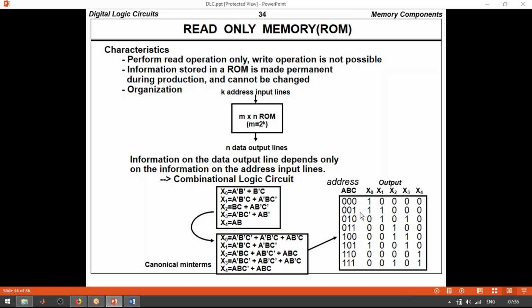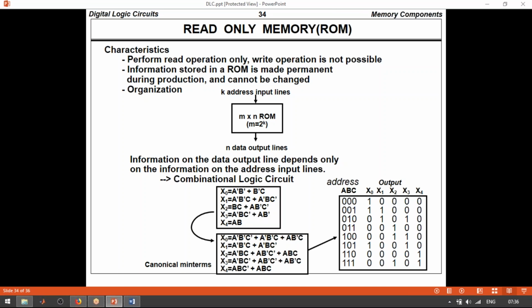And you have an M cross N ROM, so M equal to 2 power K. That means you have K address input lines and N data outputs.